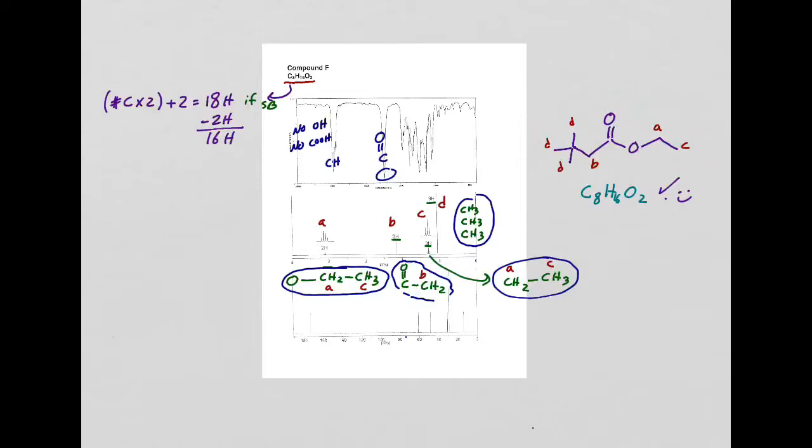So, we know we had a CH2 attached to a CH3, and the CH2 was directly attached to an oxygen. So we have that over here. And then we know that we had a CH2 that was attached to a carbonyl. Now, this is a singlet, right? Does this confirm that?